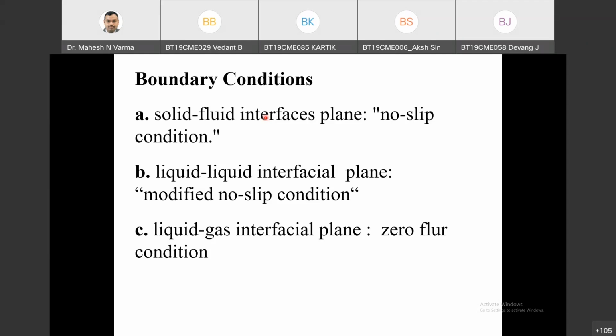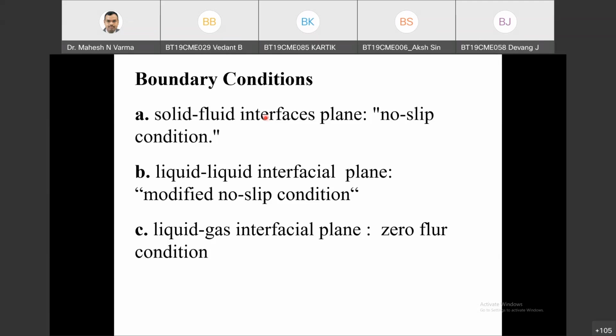In this boundary condition, the velocity of the solid will be equal to the velocity of the fluid, so it is the no slip boundary condition. The velocity of the last layer equals the velocity of the wall, which is zero.